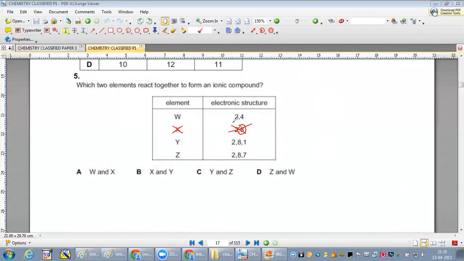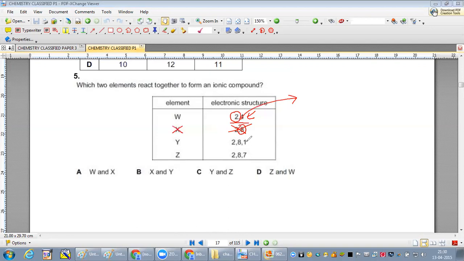If you look at atom W, it has 4 electrons. It is in the middle. To make the octet or duplet state, either it has to accept 4 electrons, which is difficult, or it can give away these 4 electrons, and then 2 electrons will remain in the first orbit. That also seems difficult.